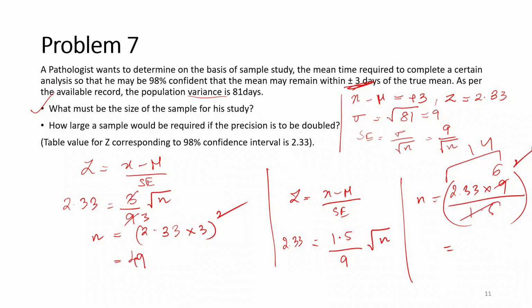So 14 square is 196, around 196 I think. So that many samples are needed for the precision to be doubled.